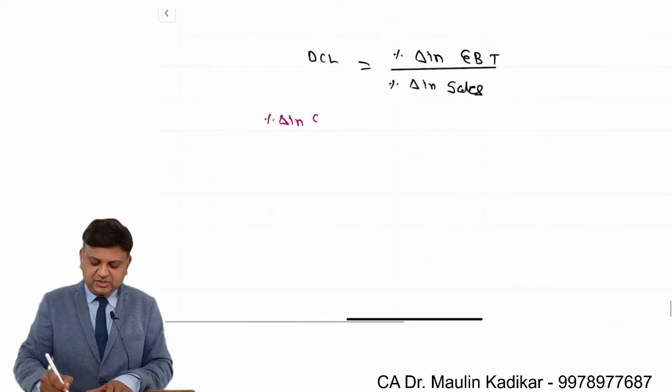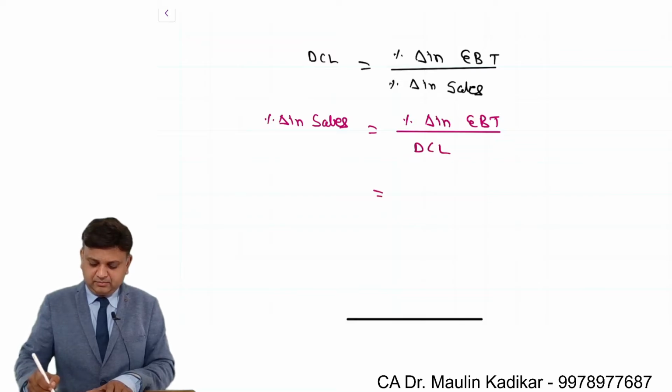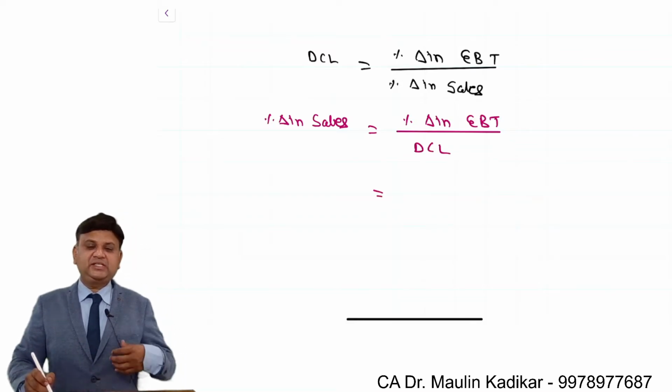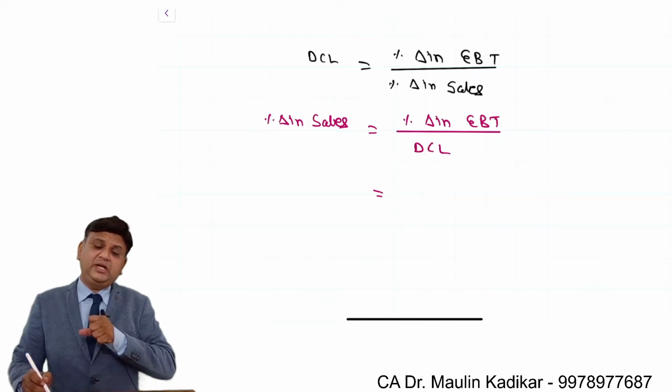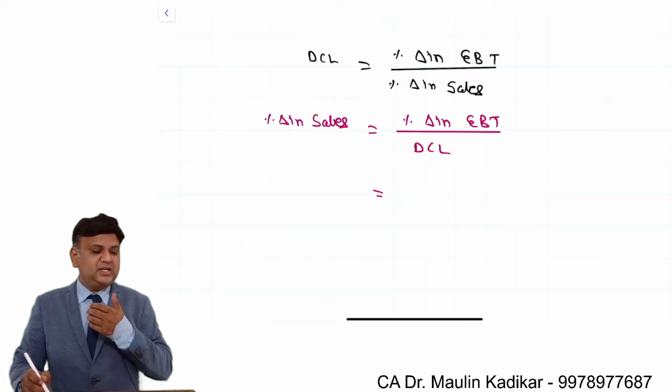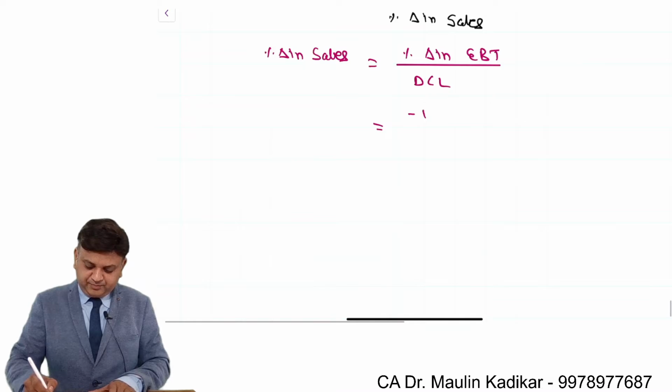So percentage change in sales is equal to percentage change in EBT divided by DCL. The question says that the earning before taxes is going down to zero, means there is 100% change in the earning before taxes.